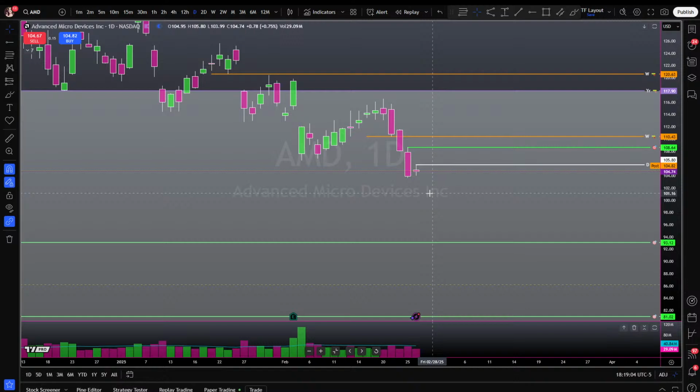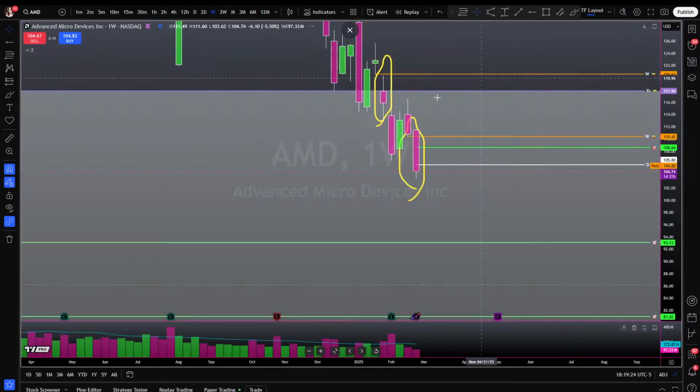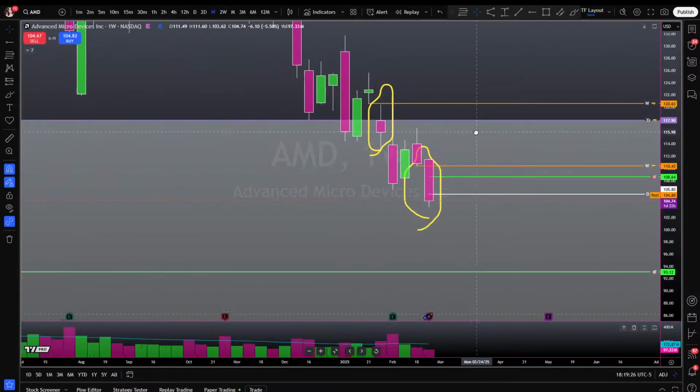You can use shorter time frames for your stops if you're trying to milk the most out of it and more so day trade it. Or if you're trying to swing this for the year, you don't need to use the lower time frames. If you want to just stick with the weekly, you can just stick with the weekly.